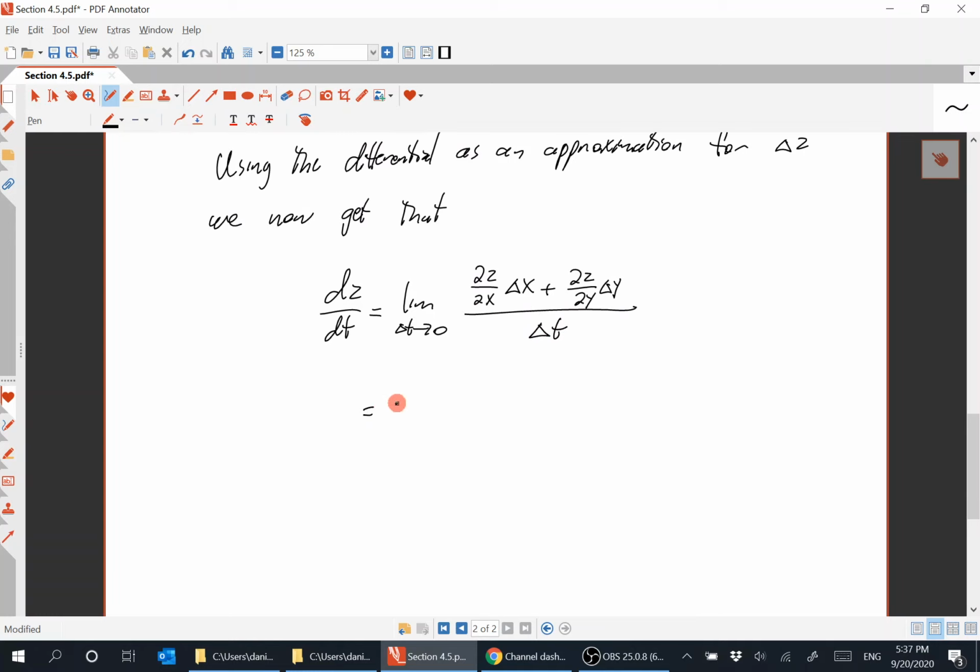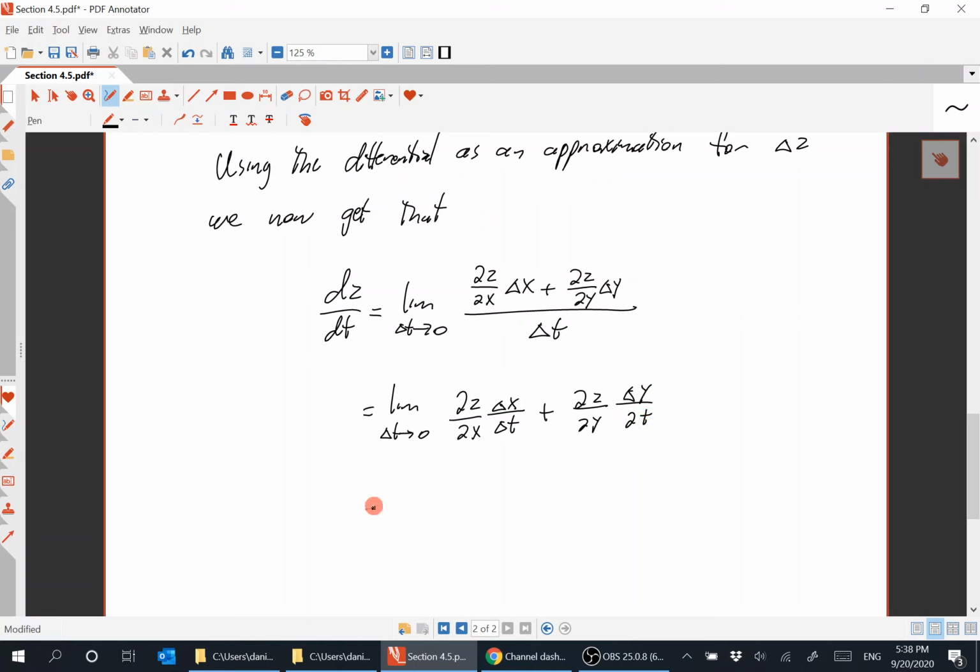Let's just distribute the numerator over the denominator: partial z with respect to x, delta x over delta t, plus partial z with respect to y, delta y over delta t.